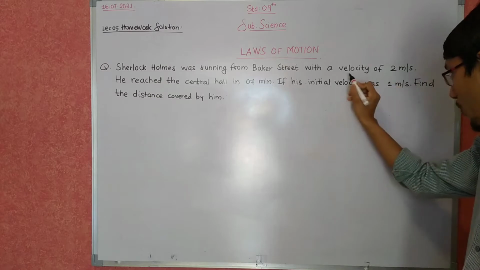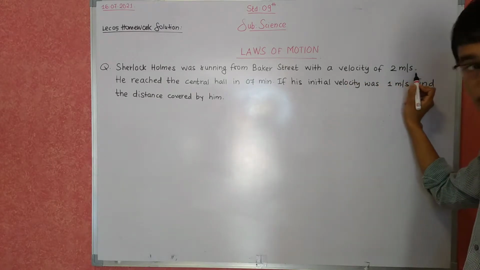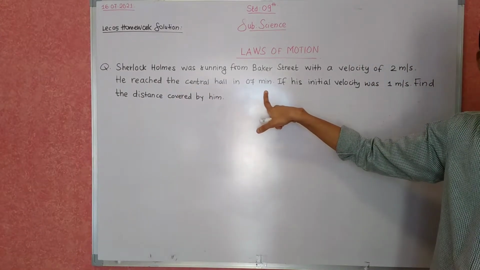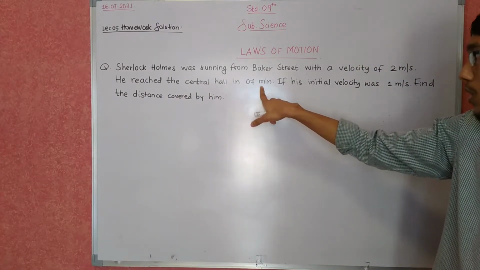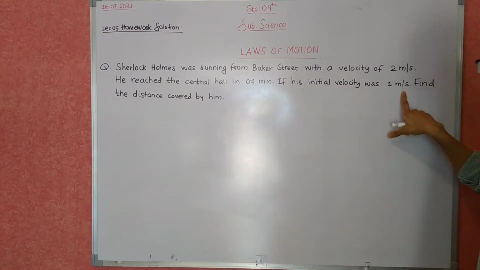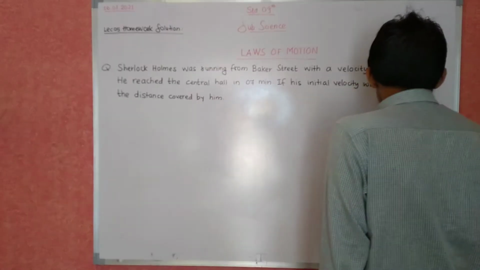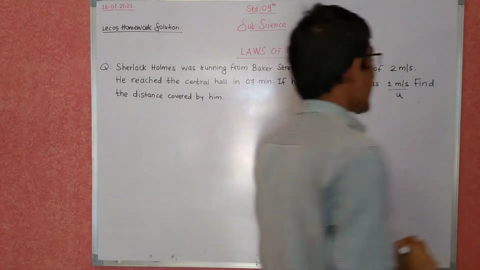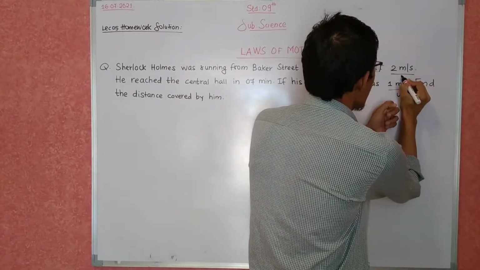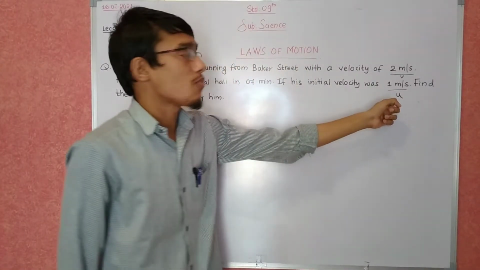He reached the central hall in 7 minutes, so 7 minutes is time. If 1 meter per second is the initial velocity, then this 2 meter per second is going to be our final velocity, that is small v.